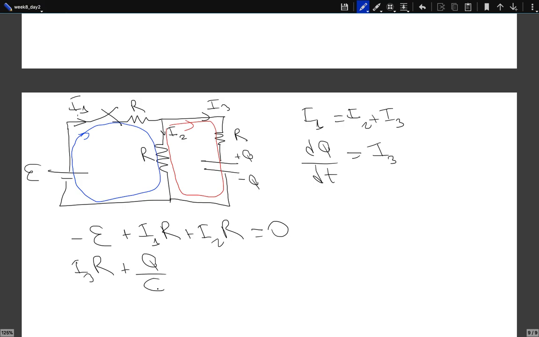And then I'm crossing this resistor. What is the potential drop as I cross this resistor? Minus I2 times R. This is equal to 0. So I have 4 unknowns and I have 4 equations.